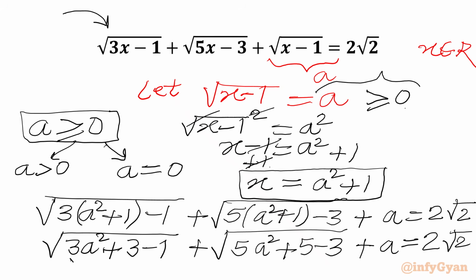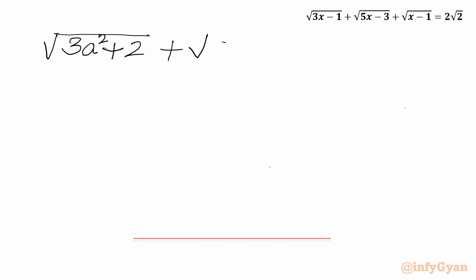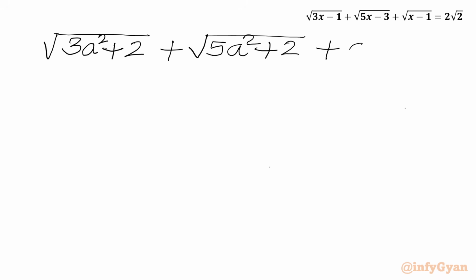Here it is 3a square plus 2, here 5a square plus 2, plus a equal to 2 root 2. So let me write here square root 3a square plus 2 plus square root 5a square plus 2 plus a equal to 2 square root 2.